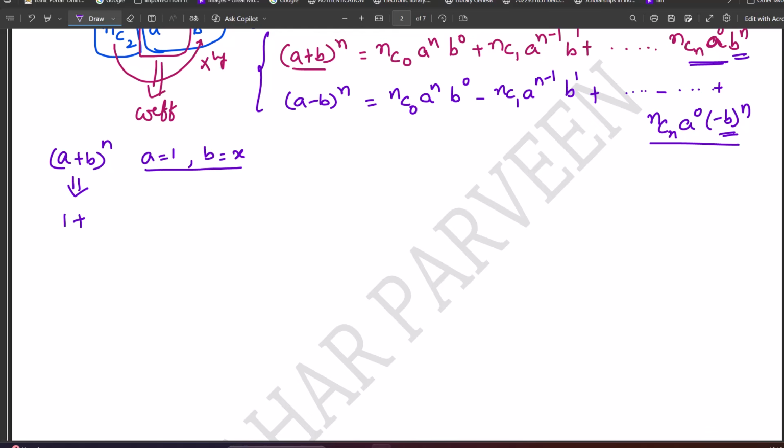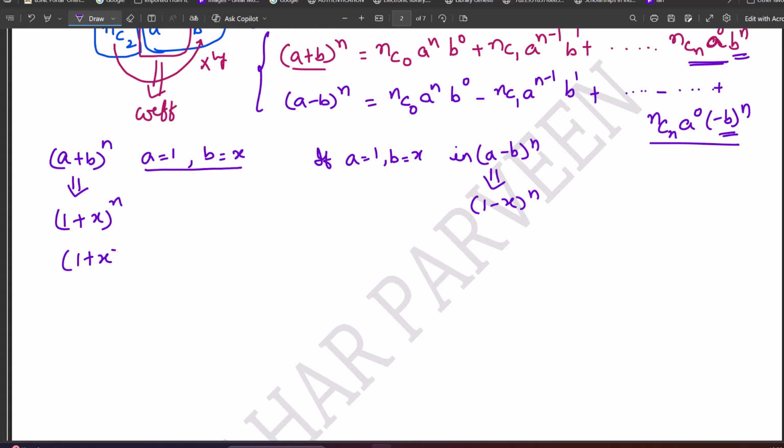It will become 1 plus X to the power N, right? Or if I put A is equal to 1 and B is equal to X in A minus B to the power N, what will my expression become? 1 minus X to the power N, right? So now I can write the binomial theorem for both the expressions, right?